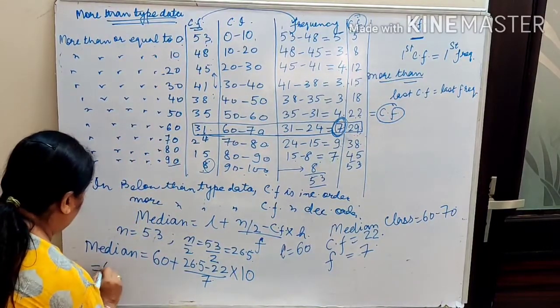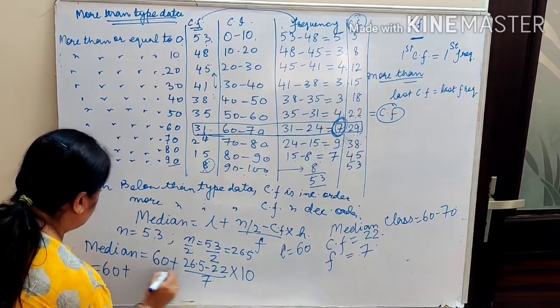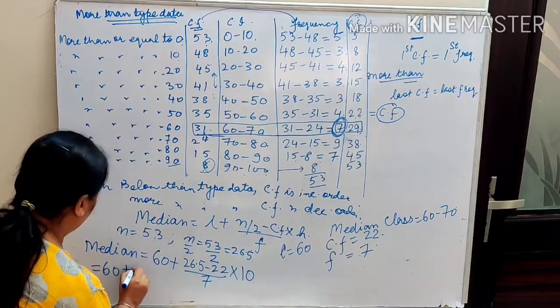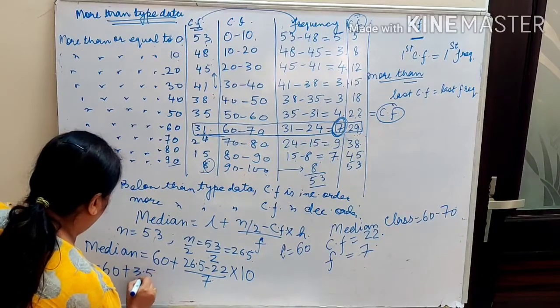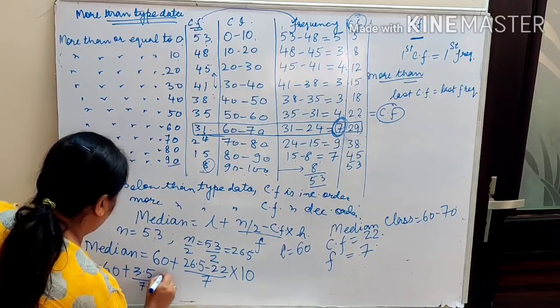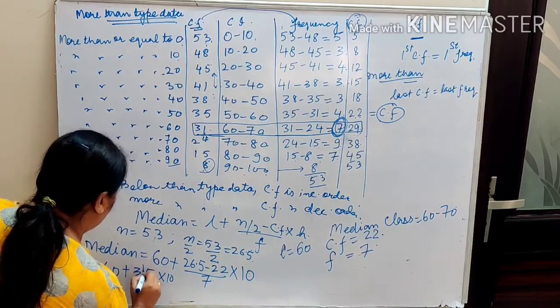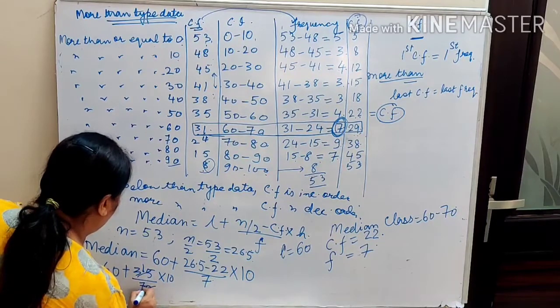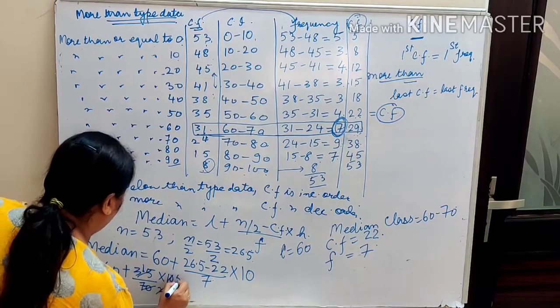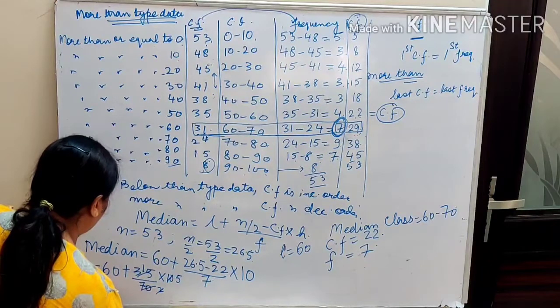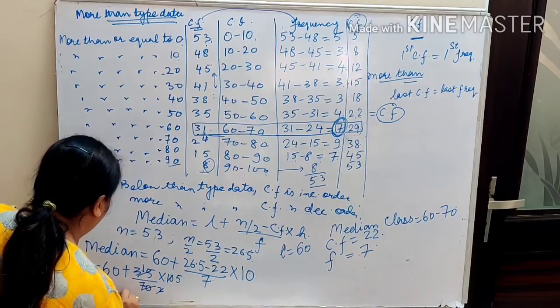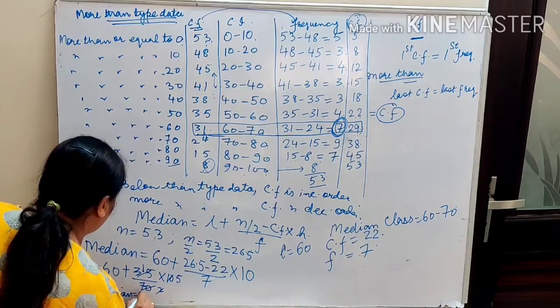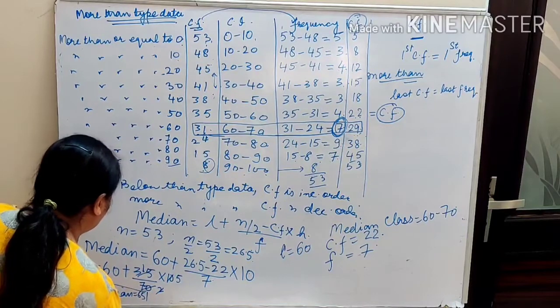So you get 60 plus 26.5 minus 22, you get 3.5 upon 7 into 10. The decimal will go away. 7 5s are 35, 2 5s are 10. So your median comes out to be 65, right? Median comes out to be 65.